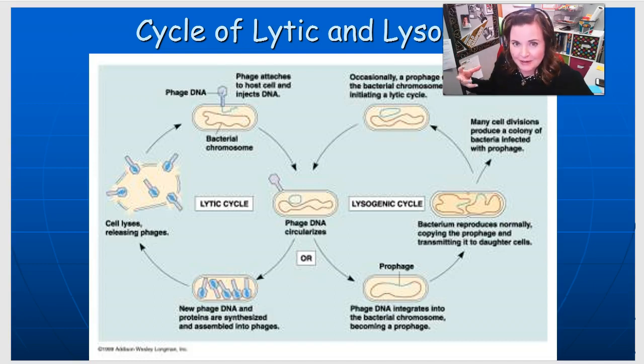Once you get infected, the virus hijacks the cellular machinery, takes its strand of DNA, and uses all the enzymes in the cell to transcribe and translate the information stored on the viral DNA.